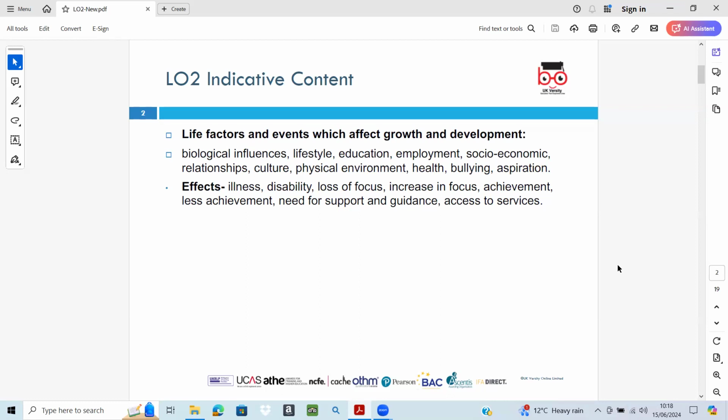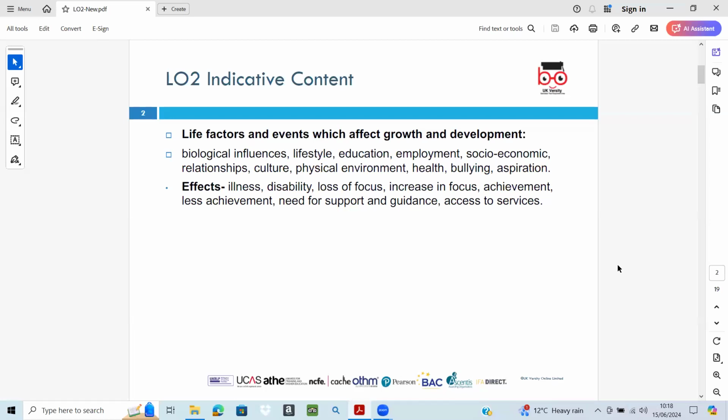Then we have increase in focus. Positive life events and a strong support system can enhance motivation and concentration on goals and tasks. Then we have achievement.